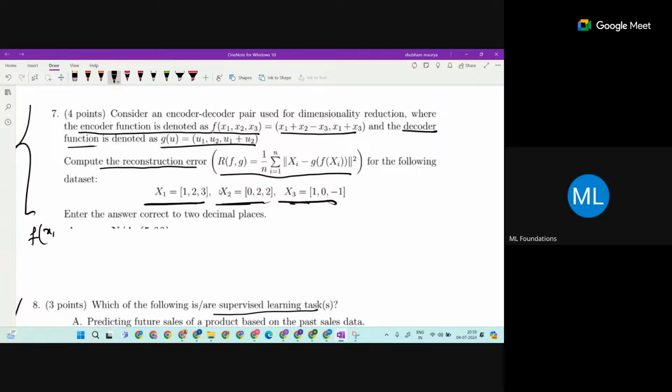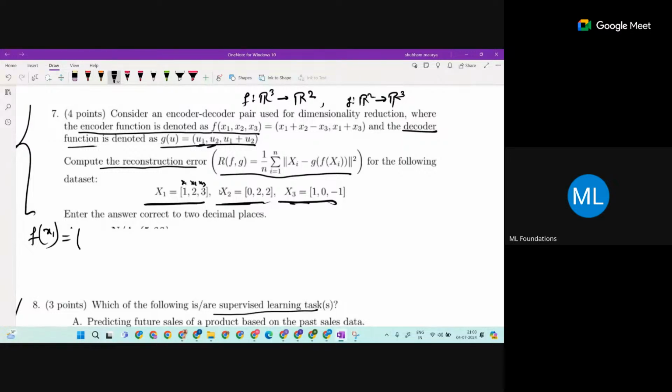Let's find f of x1. Here are the small x1, x2, and x3. So it reduces: f is from R3 to R2, and for g we see that U1 and U2 are there, which means g is from R2 to R3. So let's calculate f of x1.